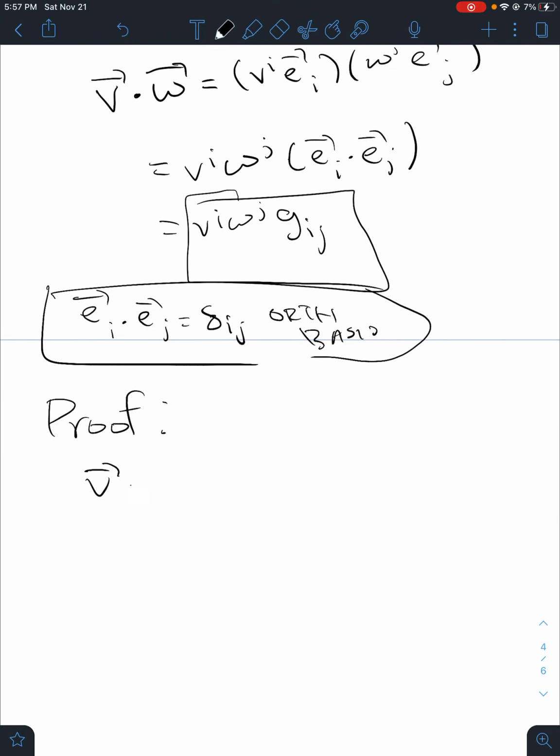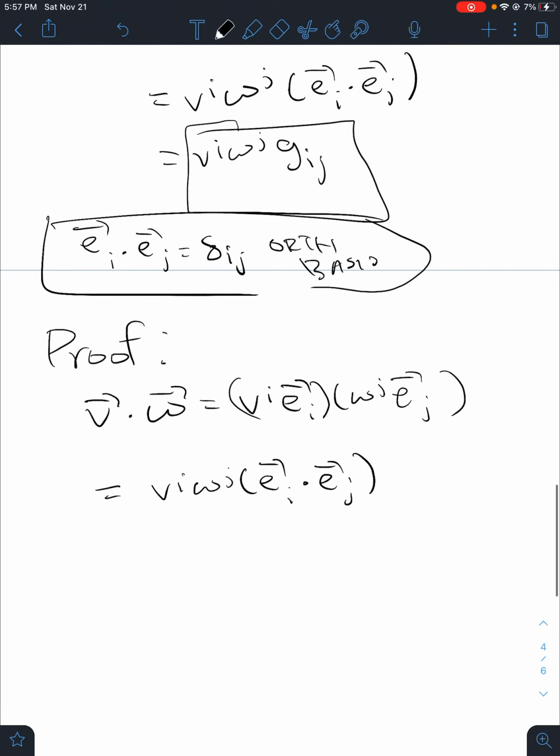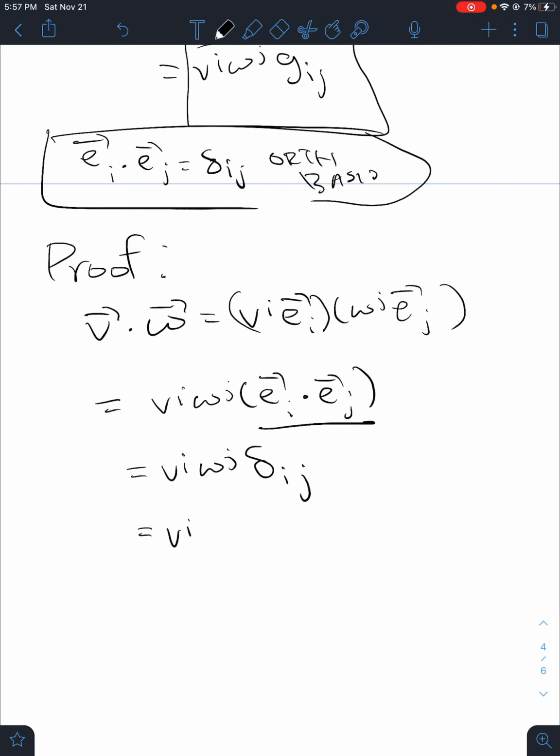So v dot w would be v^i e_i times w^j e_j, which equals v^i w^j times e_i dot e_j, which equals v^i w^j times the Kronecker delta in an orthonormal basis. And then we can change j to i, and this goes to 1.